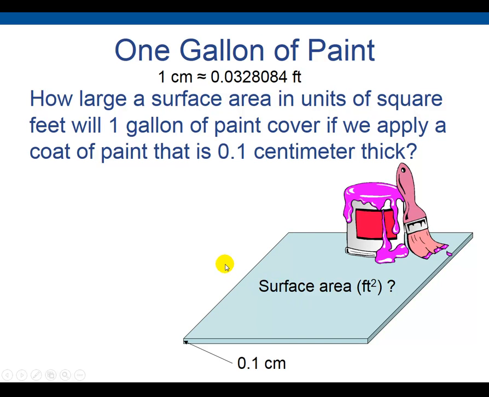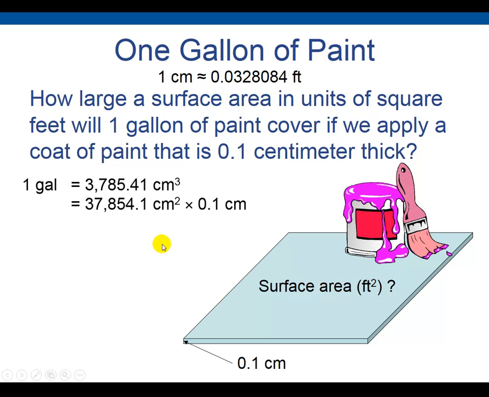One gallon of paint. So think about if we have 1 gallon of paint. How much area can we cover with 0.1 centimeter thickness? That's the question. But we have to find the surface area in square feet. It's area, so that's why there is a second term here. As you may know, 1 gallon is 3,785.41 cubic centimeters.